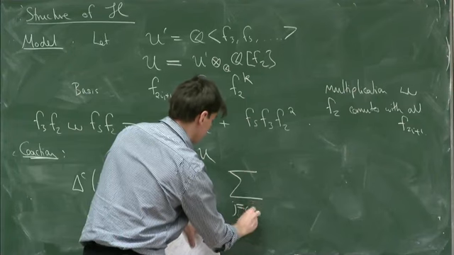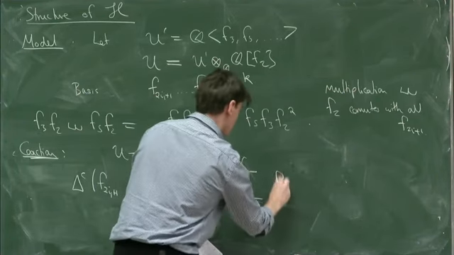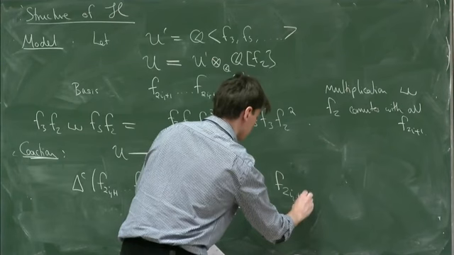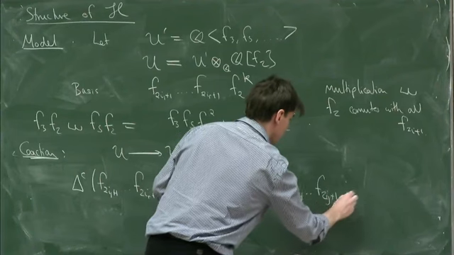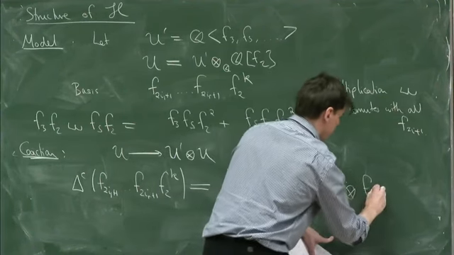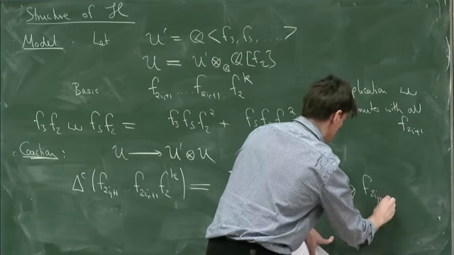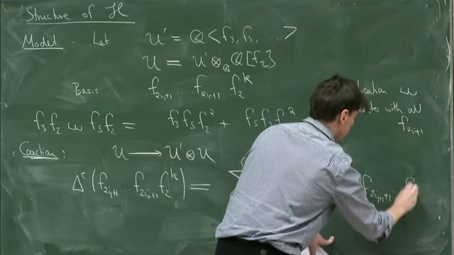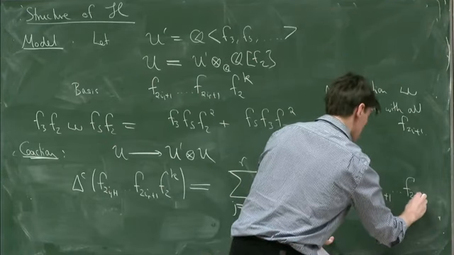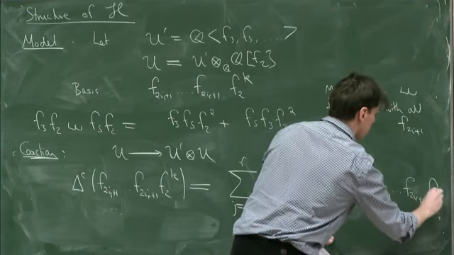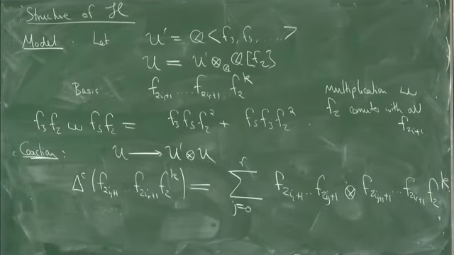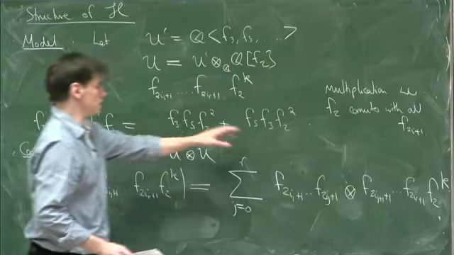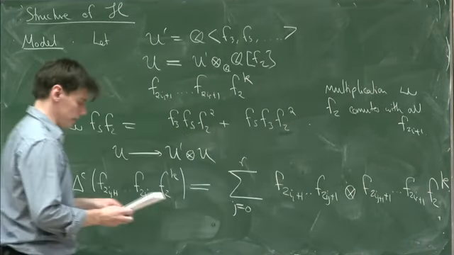So it's just deconcatenation, but the f2 here just keeps track of the weights, really.